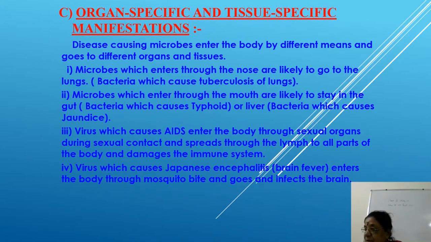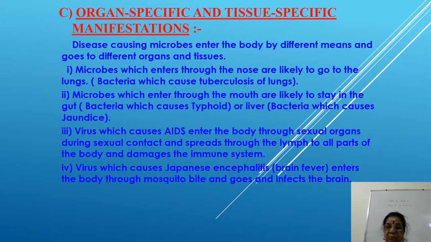If the number of microbes is very small, the disease manifestation may be minor or unnoticed; we may not even know that we have such a disease. If the same microbe is present in large numbers, the disease can be severe enough to be life-threatening. The immune system is a major factor that determines the number of microbes surviving in our body.